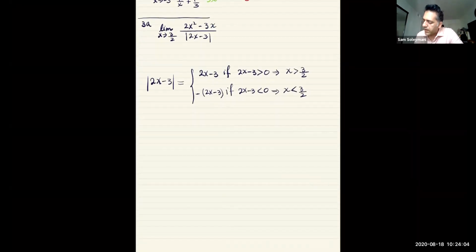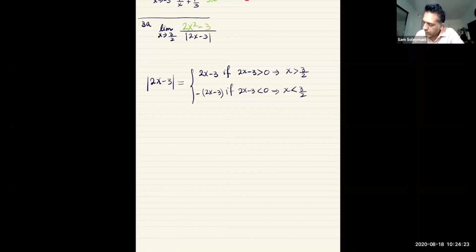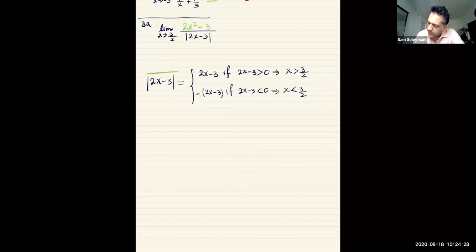Now let me do this. The actual function happens to be, and let me actually use some colors here, 2x squared minus 3x. So take this and make this the denominator.